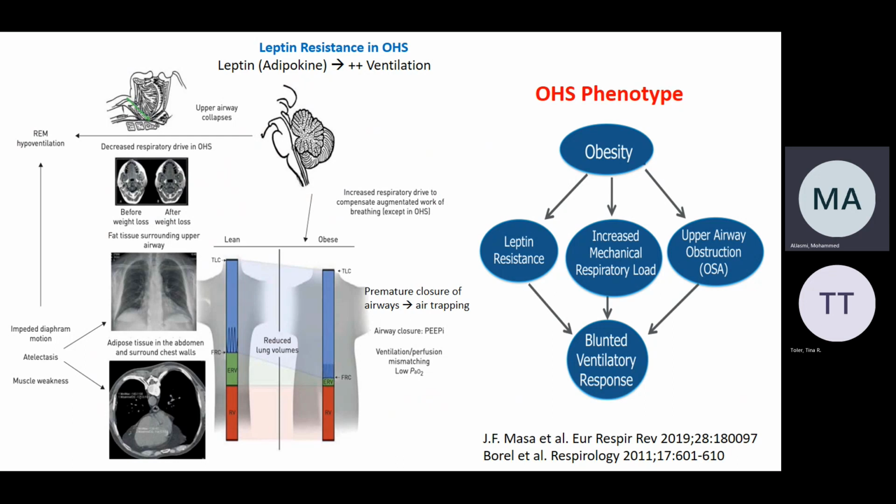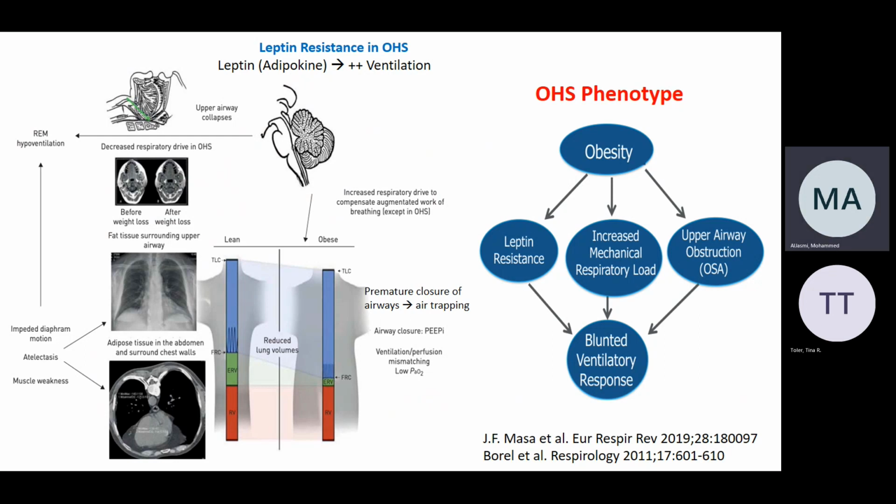So there are multiple things that can cause the ventilation to go down when we sleep. And one of the most important things, in addition to the upper airway and the changes in the lung mechanics that can happen at night, is the decreased central drive to breathe in obesity hypoventilation.